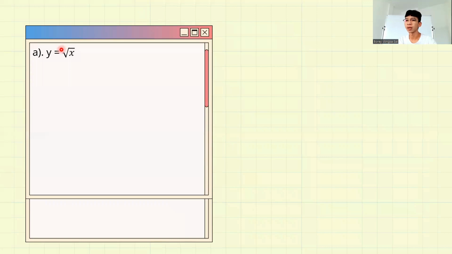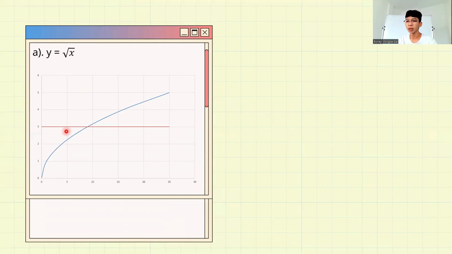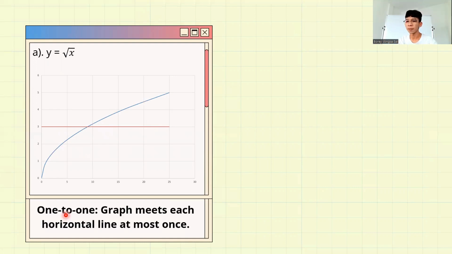So now let's take a look at another one. We have the same function, but now we present it as a graph. How do we identify a one-to-one function by looking at the graph? Here we have the graph of a function, and we have a horizontal line. For a one-to-one function, the graph meets each horizontal line at most once.